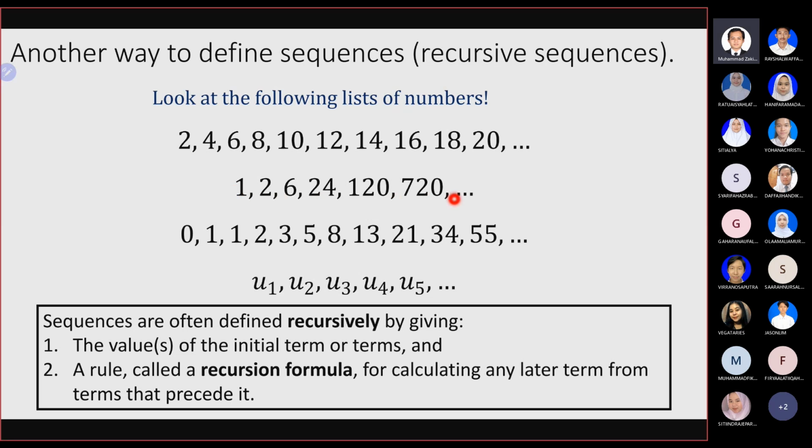Can anyone know what kind of sequence this is? Oh, no. This is a factorial, yeah, 1 factorial, 2 factorial, 3 factorial, and so on. And then the third one is Fibonacci. Yeah. This Fibonacci sequence is not easy to define.